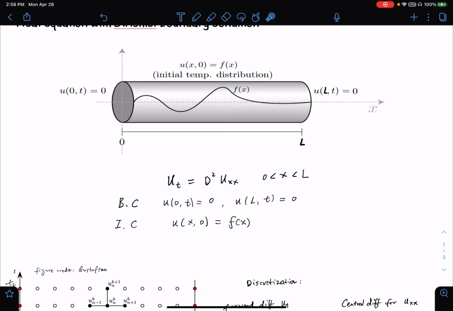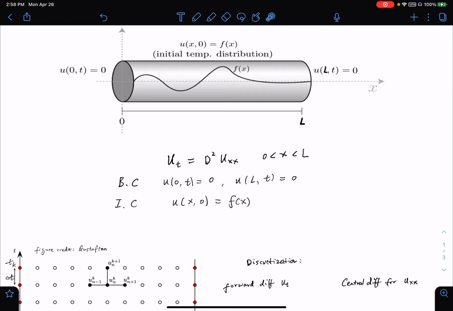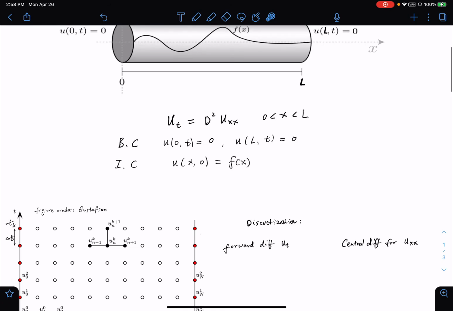The idea will work for more general boundary conditions, meaning that if here is alpha or beta, the following method will work. But for simplicity, we're just using the zero boundary condition. And there's also a unique initial condition that we will need to generate our numerical solution.